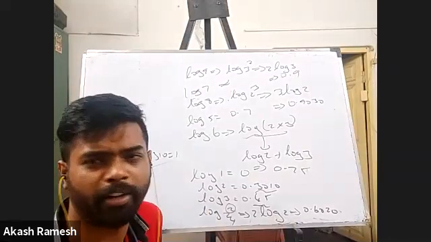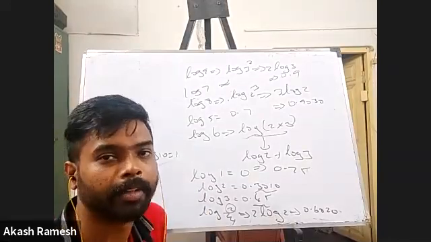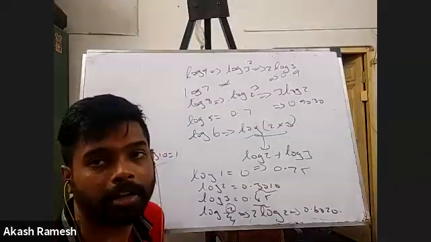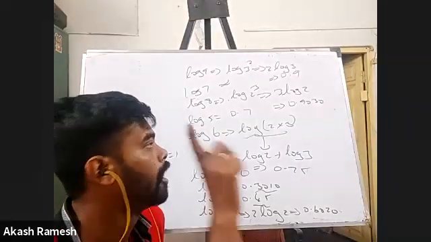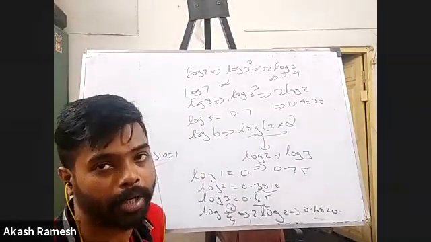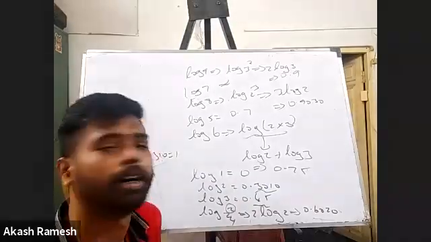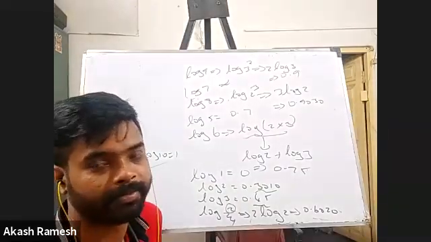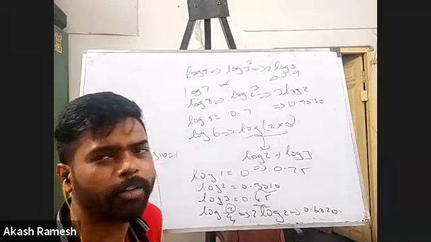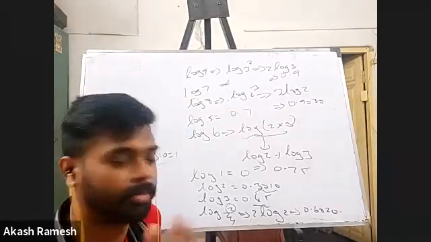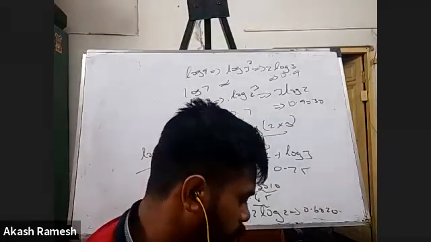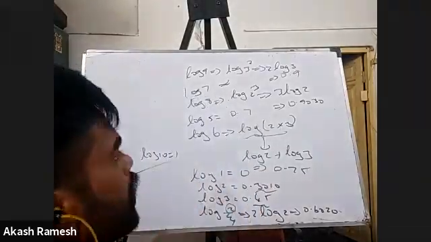Log 5, log 7 also you can leave out. If you remember the log 2 value and log 3 value, all the other values can be found out. This is a very useful trick whenever you don't want to waste time with your log calculations using log books. So we can now go for the problem.